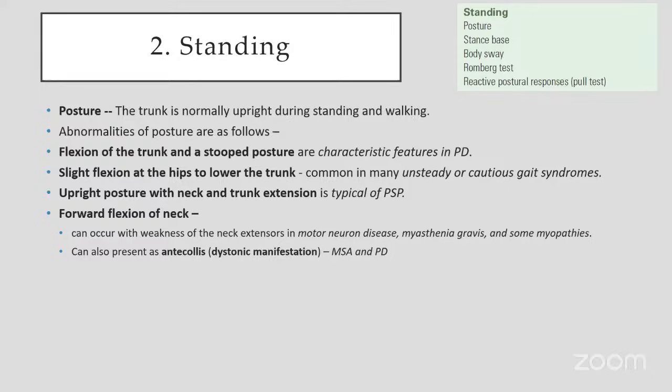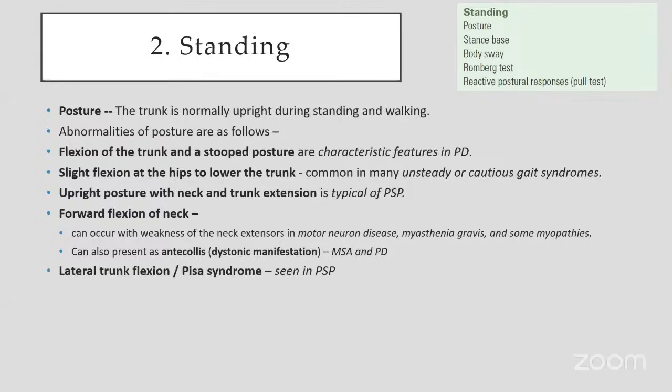Forward flexion of the neck can occur with weakness of the neck extensors in motor neuron disease, myasthenia gravis, and some other myopathies. It can also present as an anterocollis dystonic manifestation. Also, this can be seen in MSA or PD.